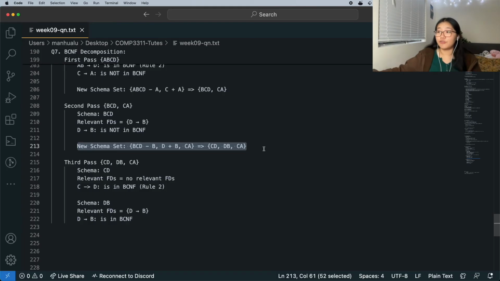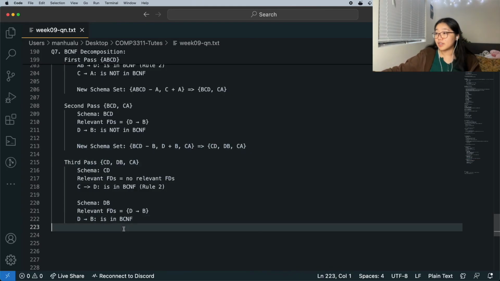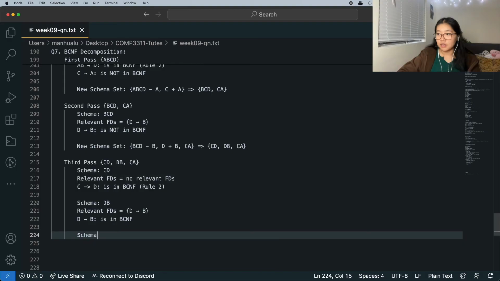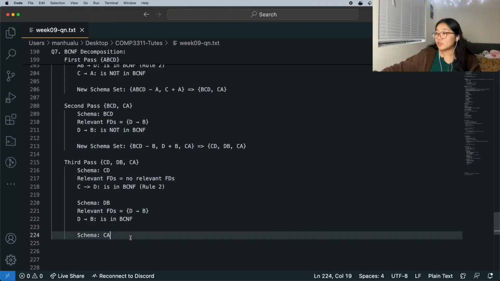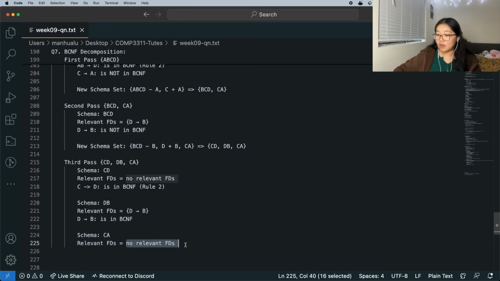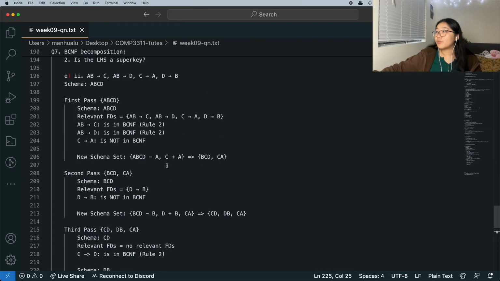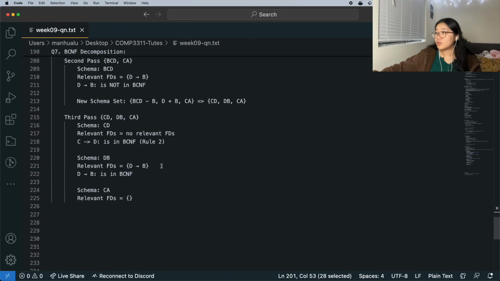All right, looking at our final one, and because we haven't hit any where we had to actually break it down further, we can move on to our next schema and look at schema CA. So very, very finally, let's just quickly do this and see. So we've got the original functional dependencies.